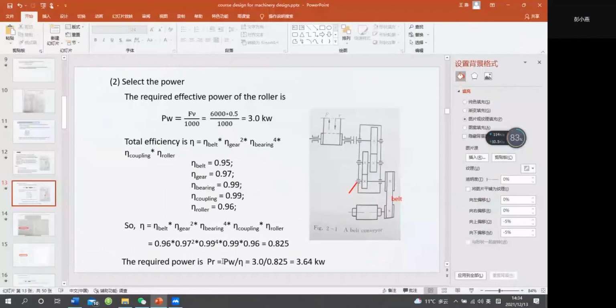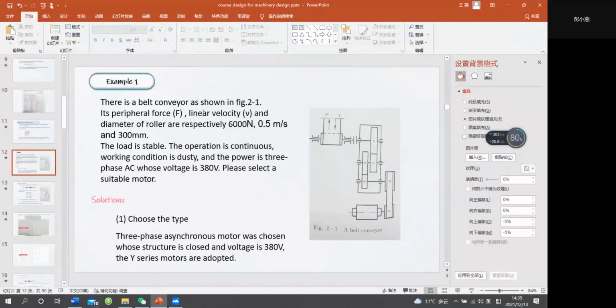How to get the PW? The required power for the working part is F times the V. What is the V, please? F is the force, V is the linear velocity. Okay. Thank you.